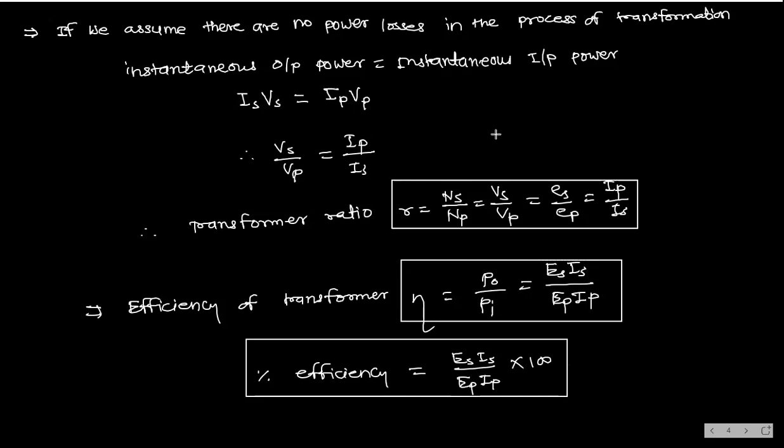Clear? So for an ideal transformer, efficiency is equal to 100%, or eta is equal to 1 also.